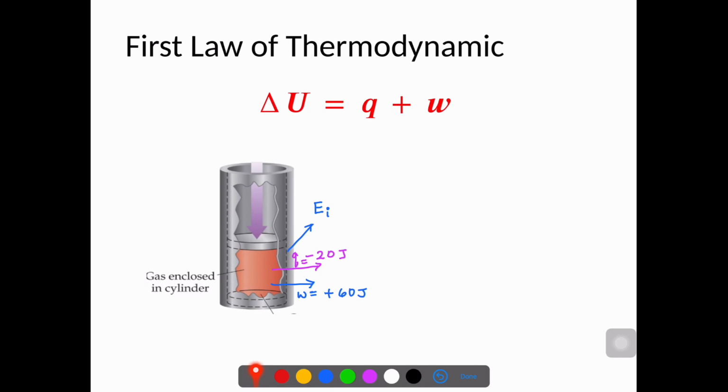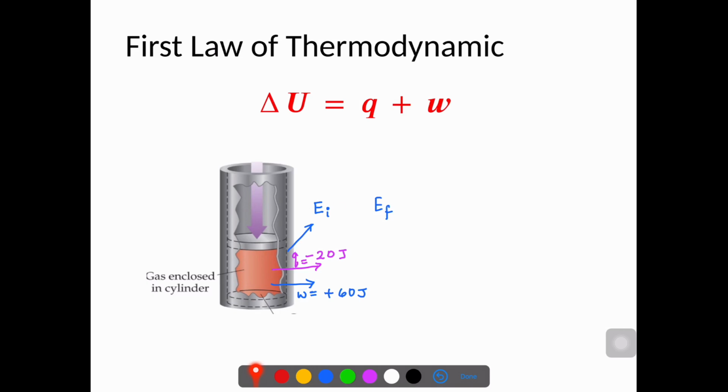Due to these differences, it has reached some final energy. So what is the difference between the final and initial energy? Well, 20 joules have been lost, but 60 joules have been gained. So totally there is a gain of 40 joules, right?